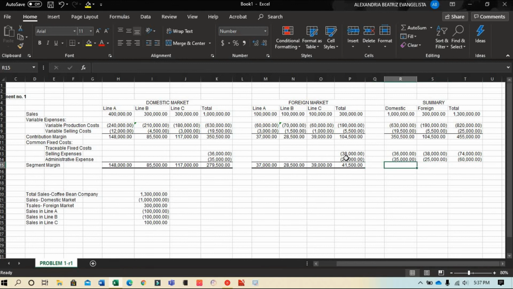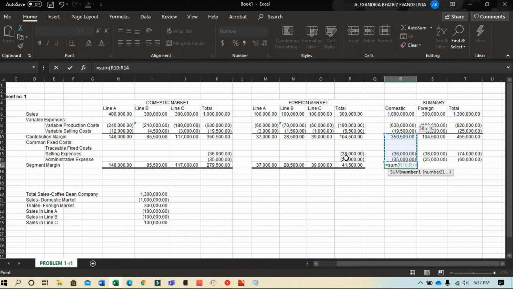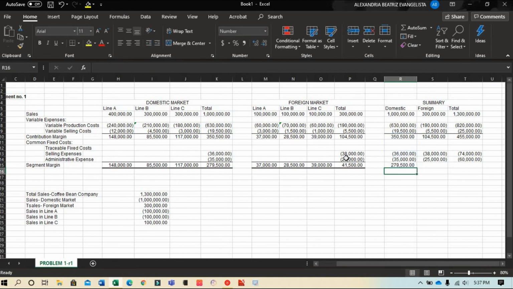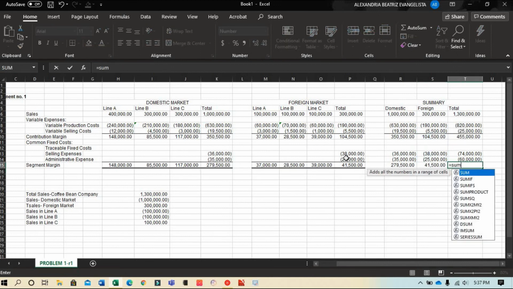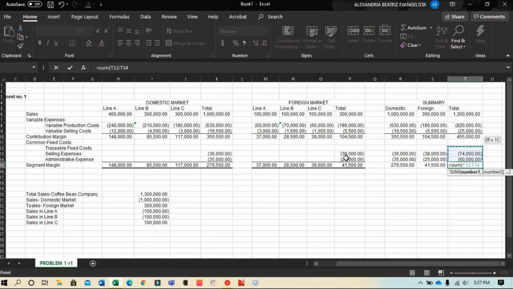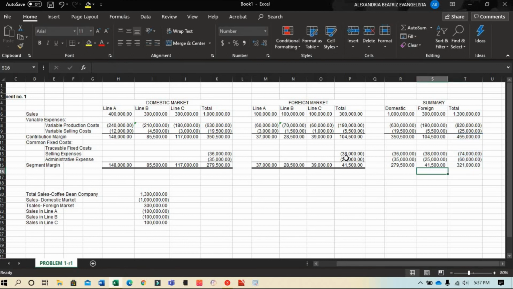Then we're going to get the total segment margin for the domestic and foreign market, and of course for the total company. There you go. See, again, under the domestic, the total segment margin is 279,500.